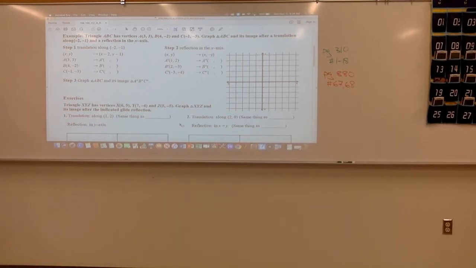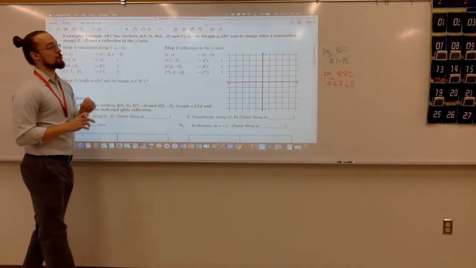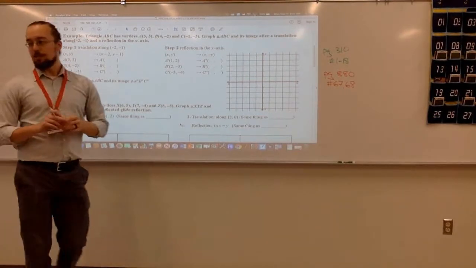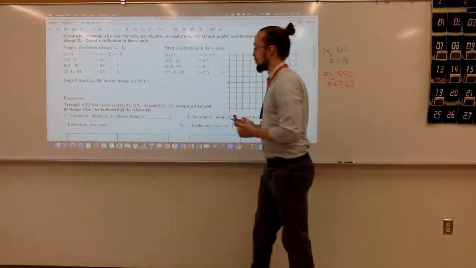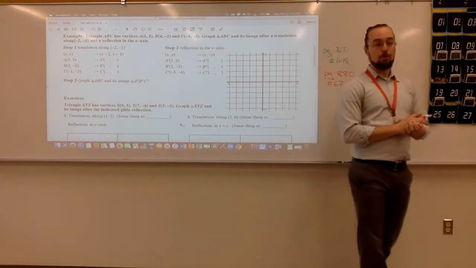So let's take a look at this example together here. On this first one, we want to take this original triangle that's at points A, B, and C. So the first thing that we always want to do is plot those points.